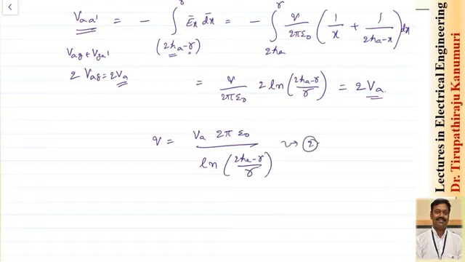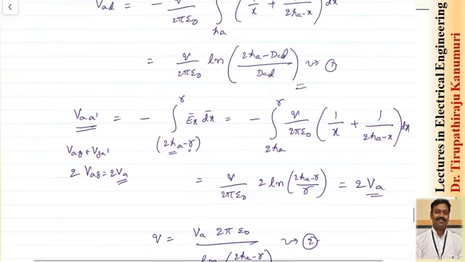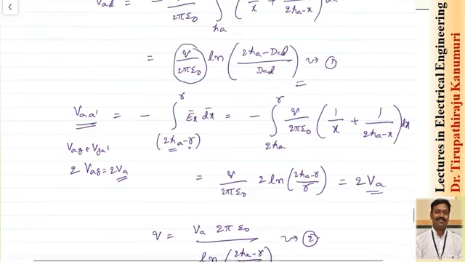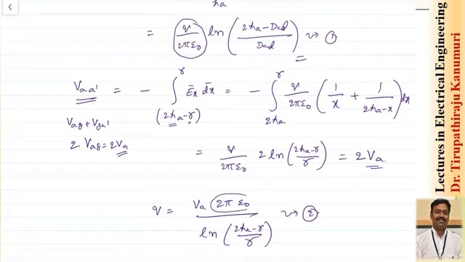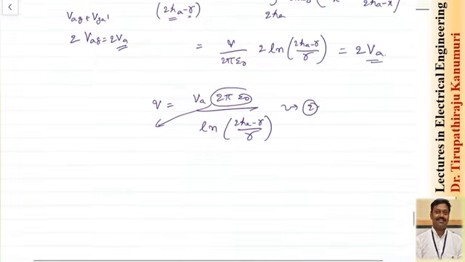Now this equation number 2, the value of the charge, I am substituting in equation number 1. In equation number 1, wherever Q by 2 pi epsilon naught is there, I can represent this as VA by ln of 2 times HA minus RA.